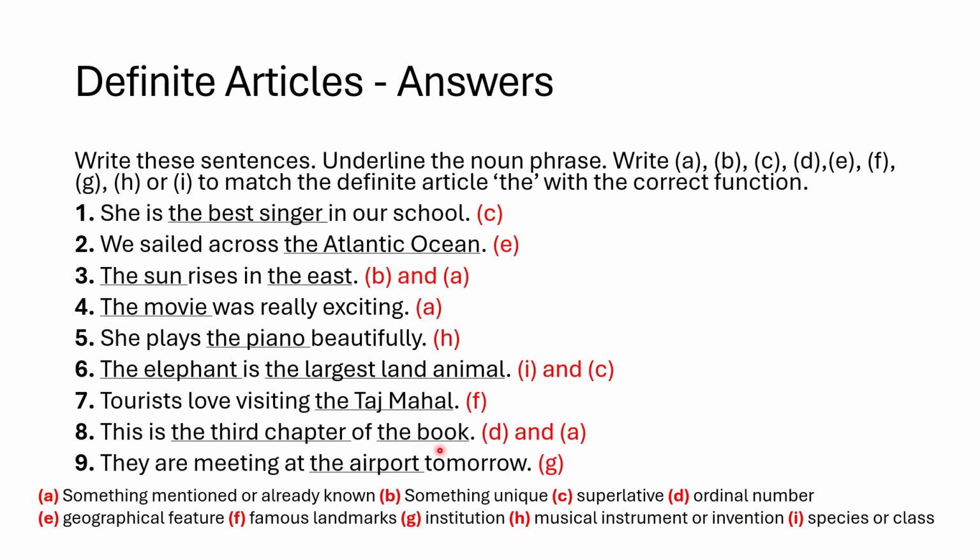In the book, the is showing something mentioned or already known. 9. They are meeting at the airport tomorrow. You should have underlined the airport. The is showing an institution.